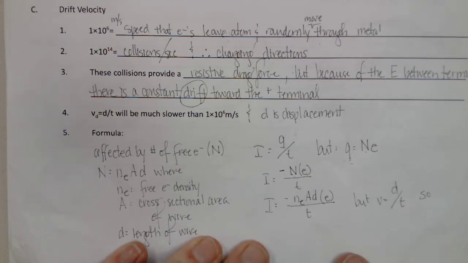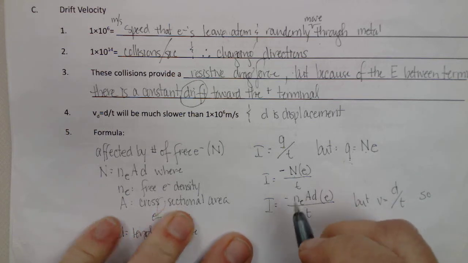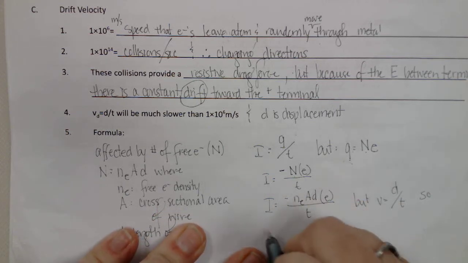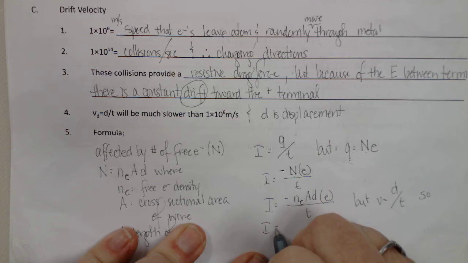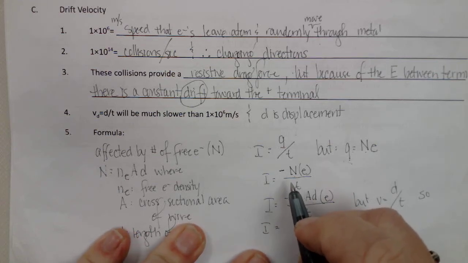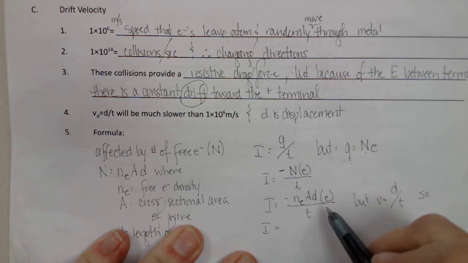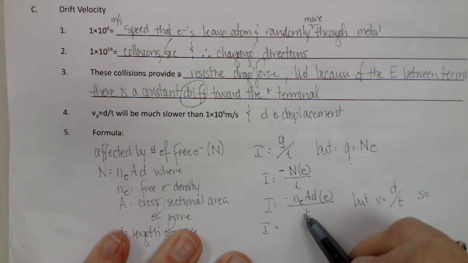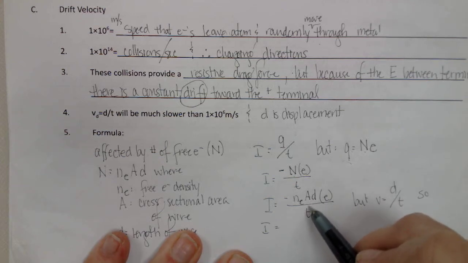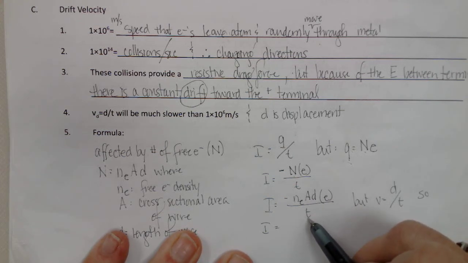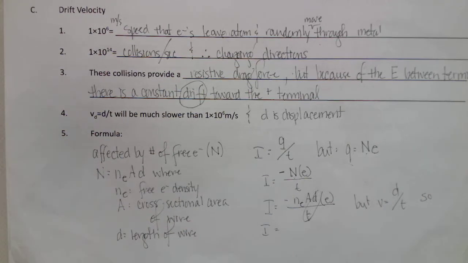So I is equal to, if I make this into d over t, here's my d and here's my t, so I can take those pieces out and in place of these put my v.